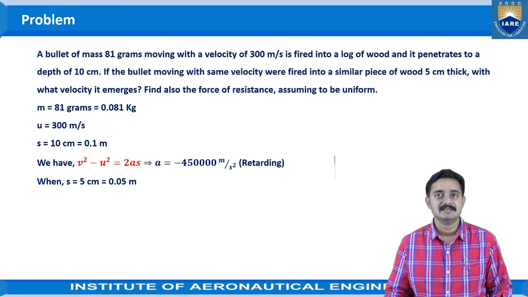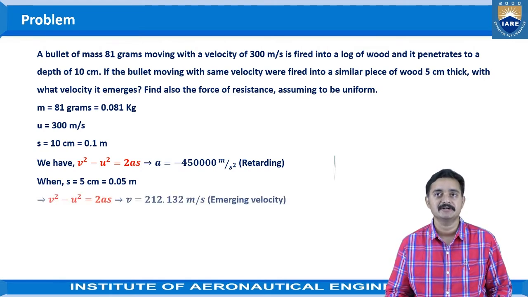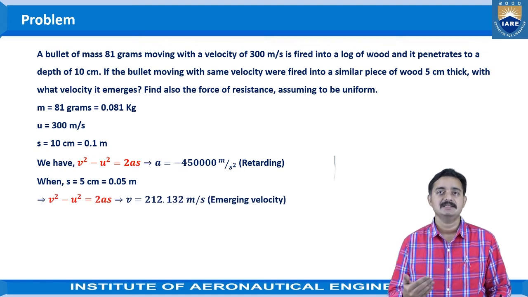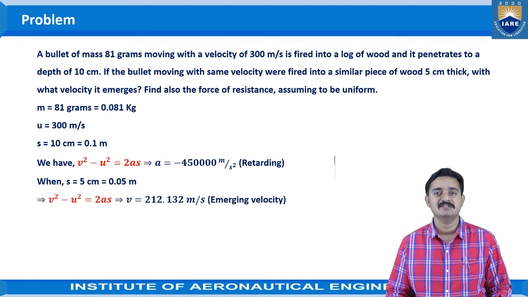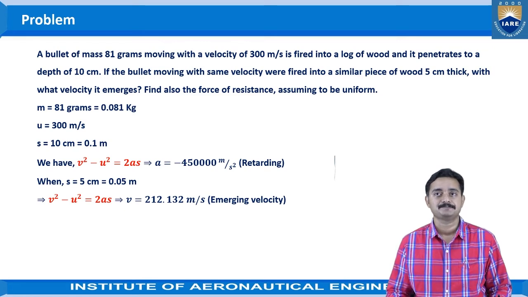And in the second case, what is happening? We are firing the same bullet into a 5 centimeter thick wood. So when s is equal to 5 centimeter, that is 0.05 meter, if we apply the same equation of motion, v square minus u square equal to 2as, we will obtain the velocity with which the bullet is emerging out.